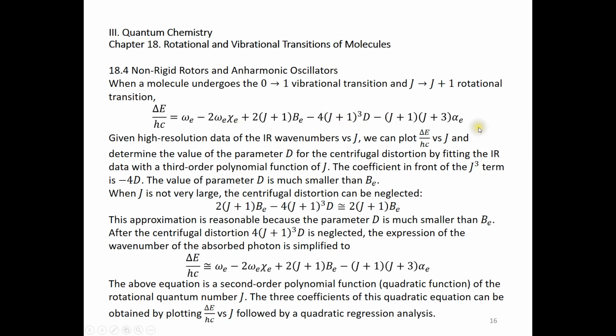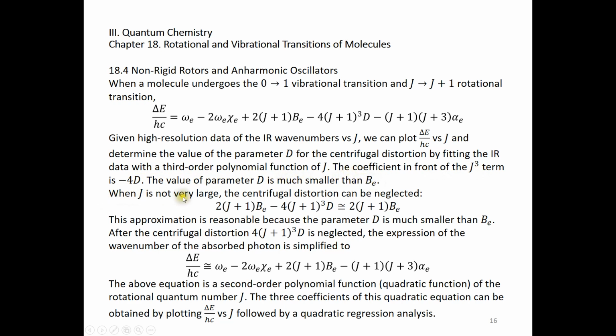Of course, there are other terms like J squared and J to the power of 1, etc. But if we just focus on fitting the data to a third order polynomial function of J, the coefficient in front of the J cubed term is negative 4D, and we can compute D. The value of D is much smaller than B sub e.